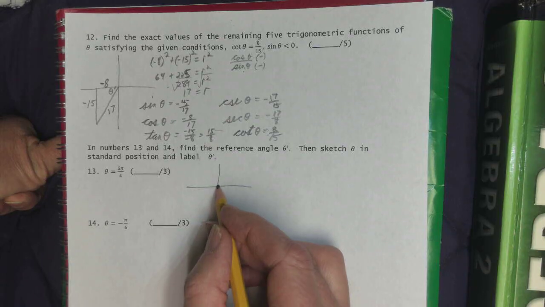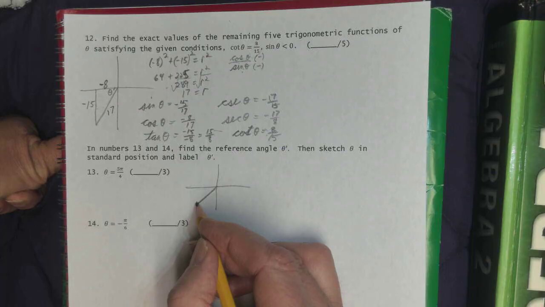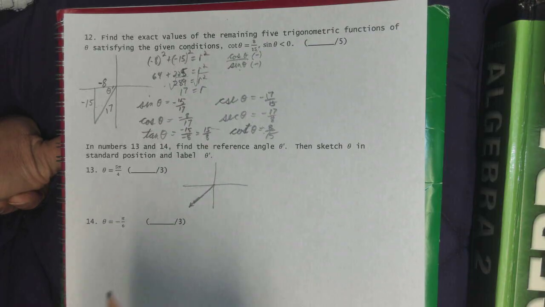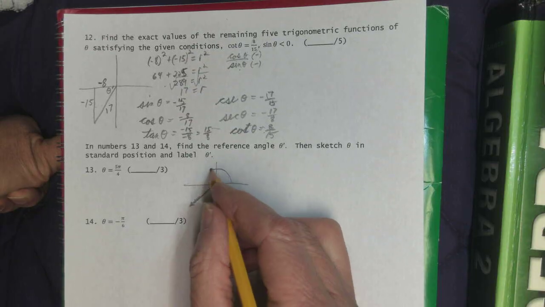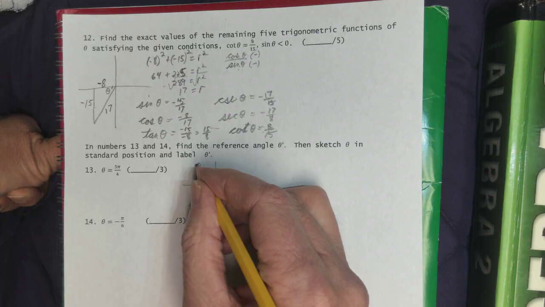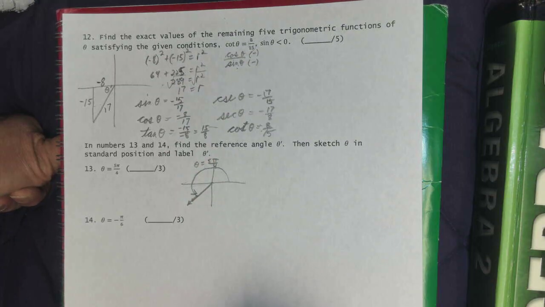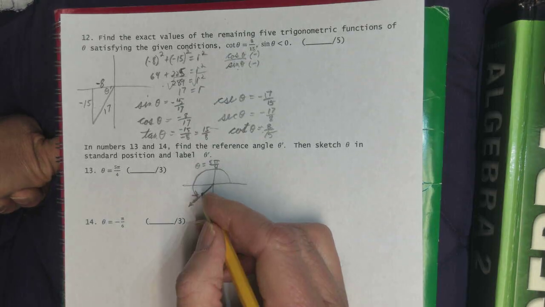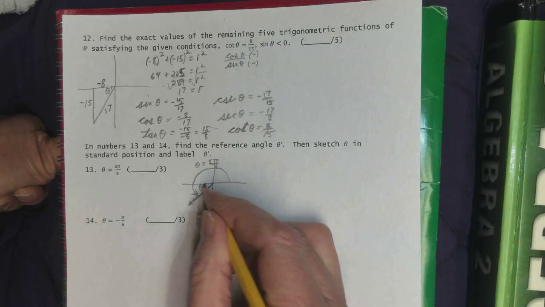This is 4 pi over 4. And that's right here. Here's 5 pi over 4. So there is theta. Okay. And theta prime is this one right here.